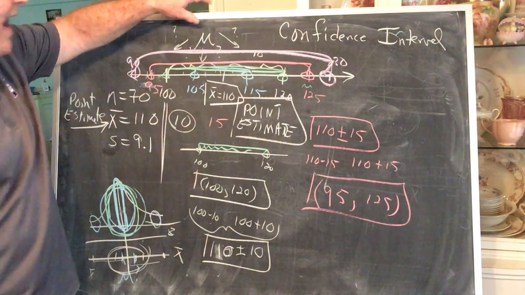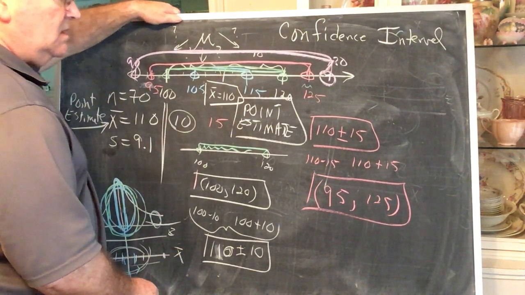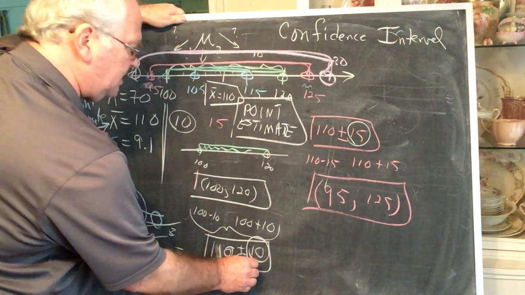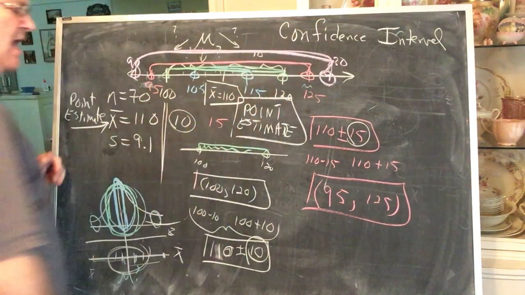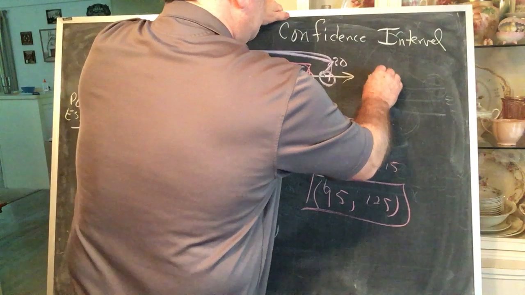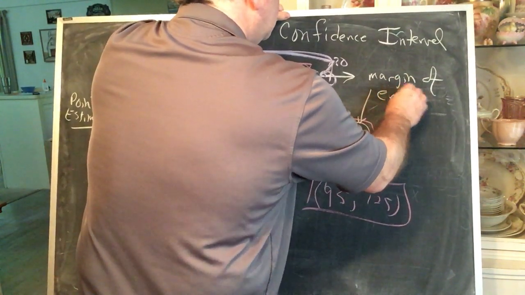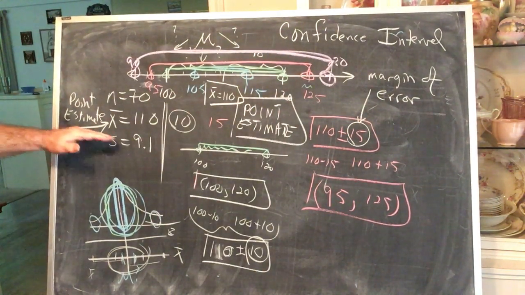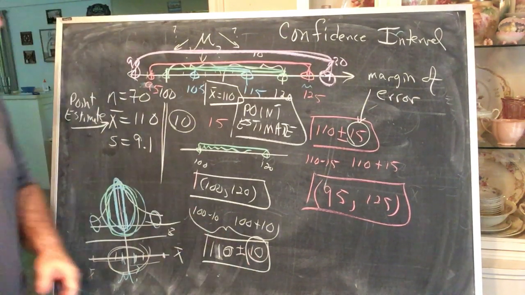And then the value that we're adding and subtracting. In this case, we added and subtracted 15. In this case, we added and subtracted 10. In the other cases, we added and subtracted 5, and we added and subtracted 20. The value that you add and subtract is called the margin of error. We have a point estimate, which is 110, point estimate plus or minus margin of error.